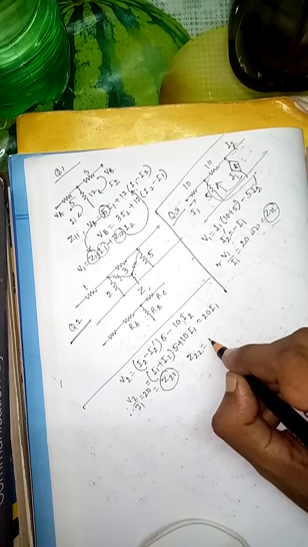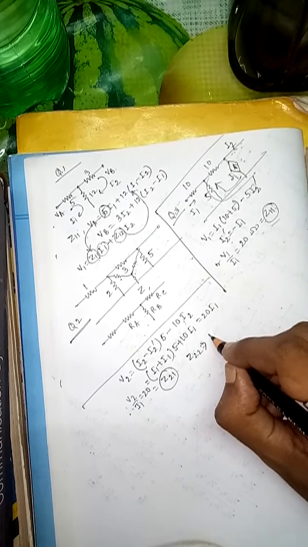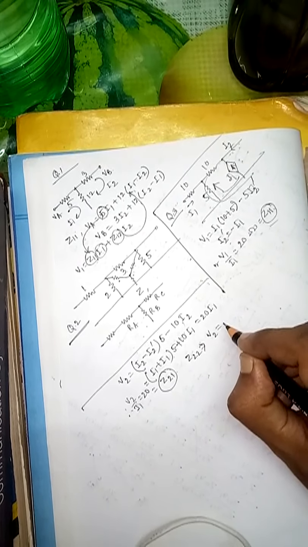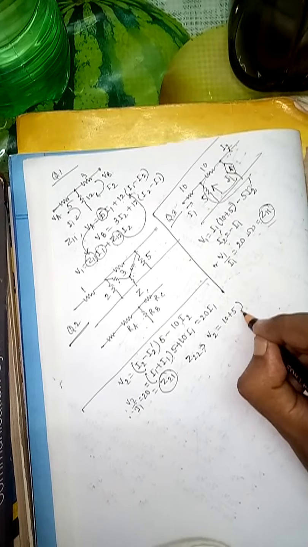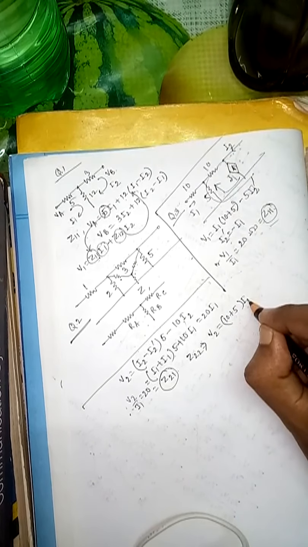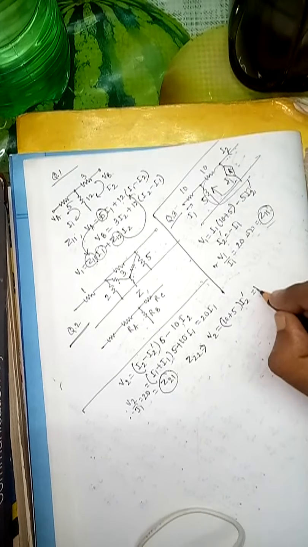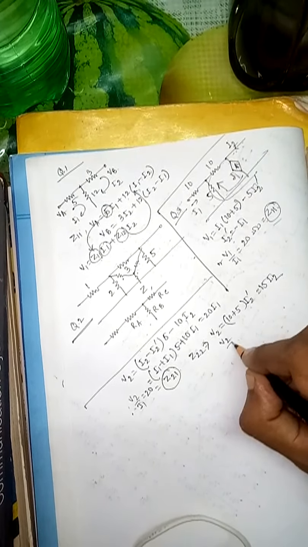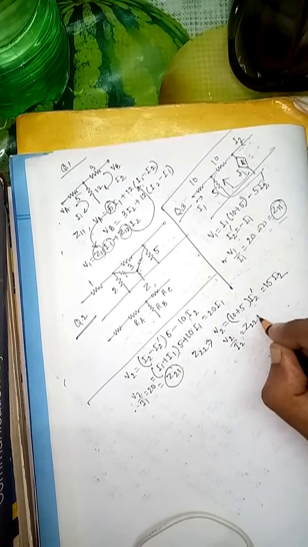So V2 equals 10 plus 5, that is I2 dashed here, I2 dashed means I2, so that equals 15 I2. So V2 by I2 equals Z22, so this is 15.